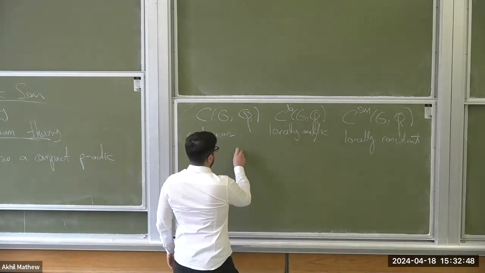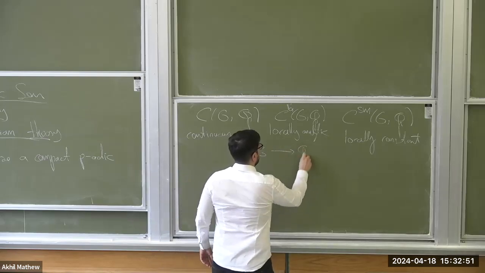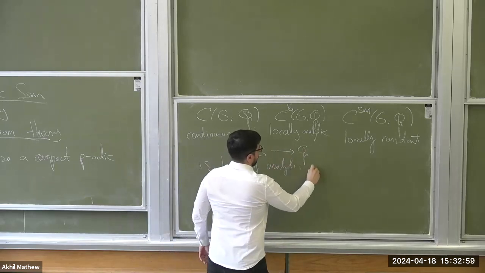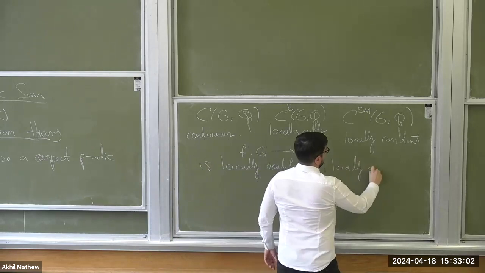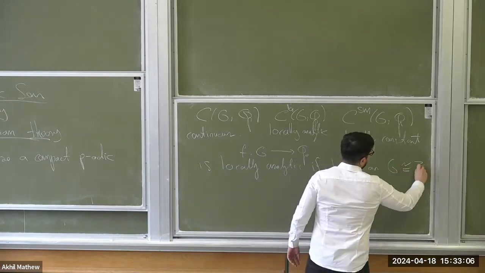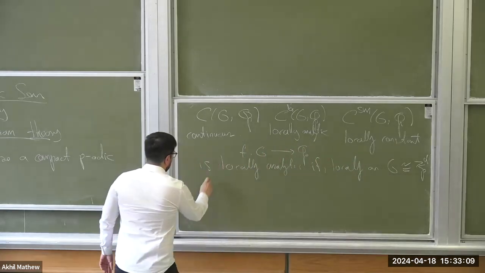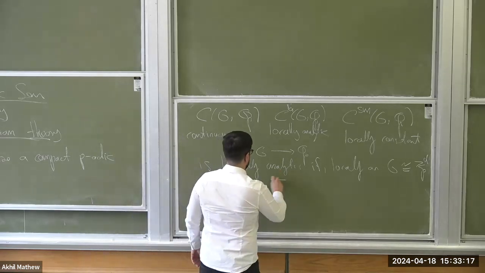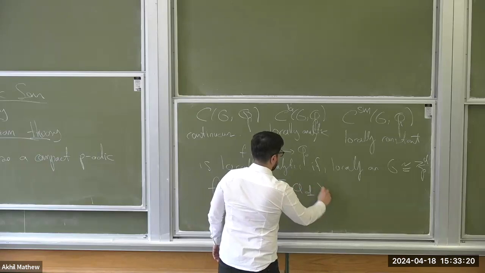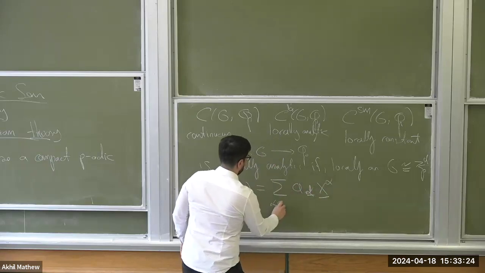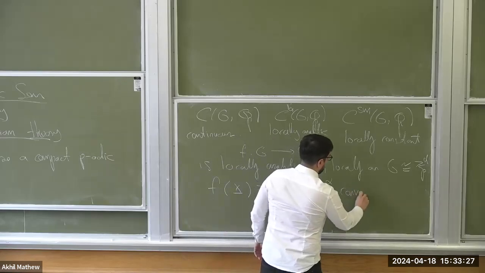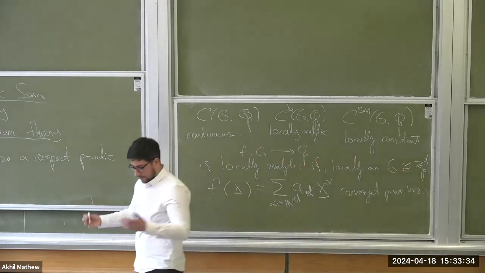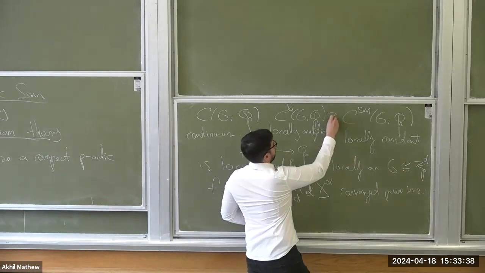So just to recall what a locally analytic function is. F is locally analytic if, locally on G, say isomorphic copies of the p-adic numbers, this function F can be written as a convergent power series.